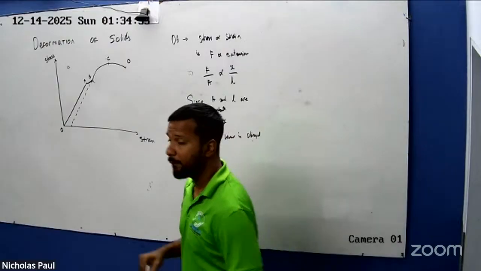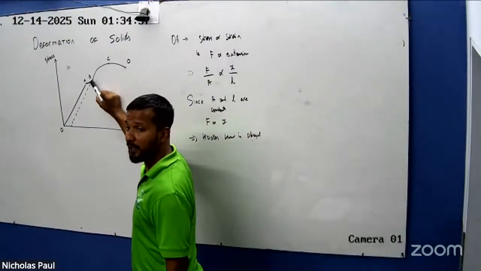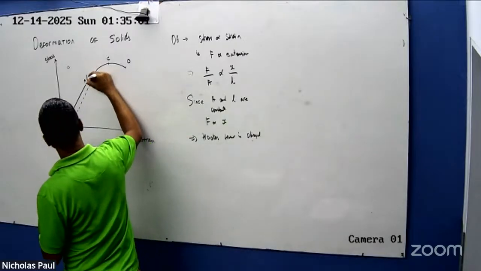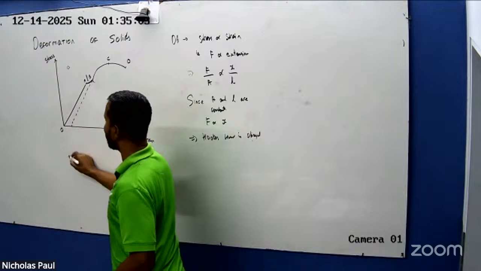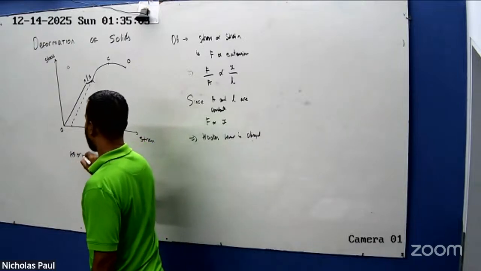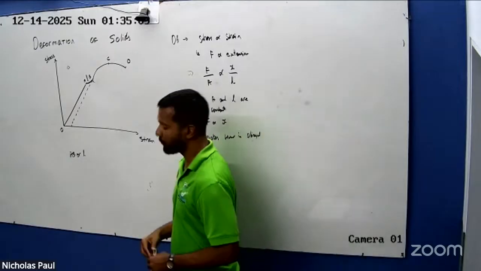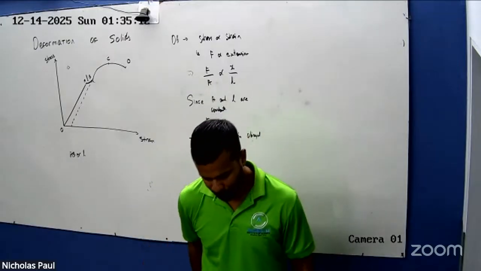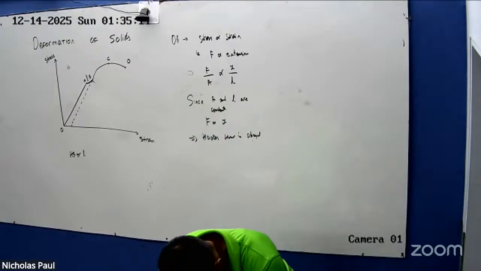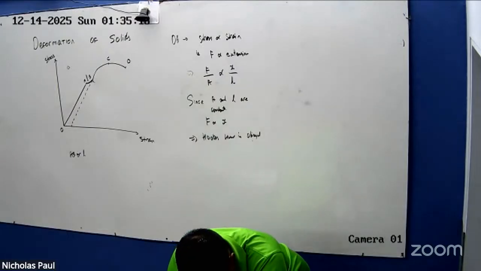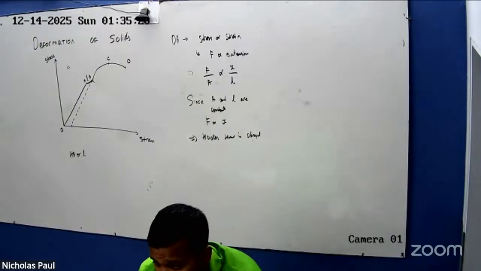All right? A to B is the elastic limit. Sometimes you can put L here if you want. A to B or L is our elastic limit, full stop.